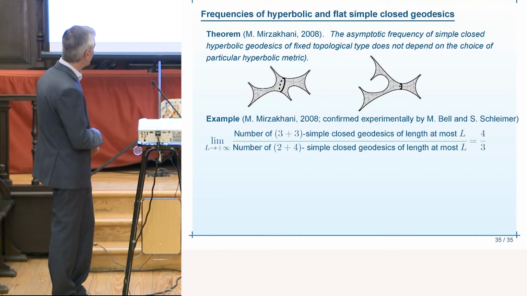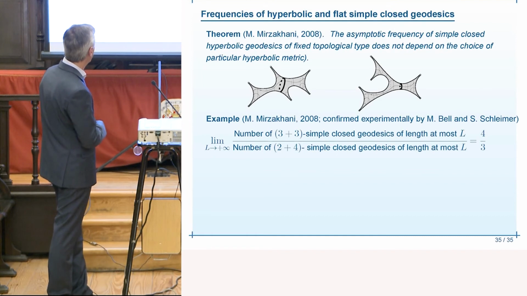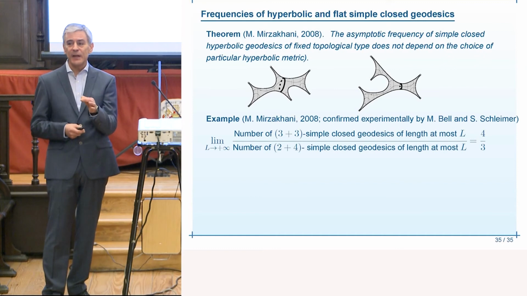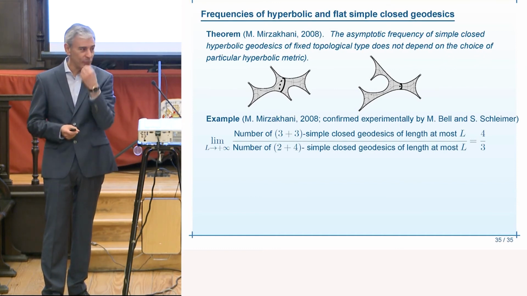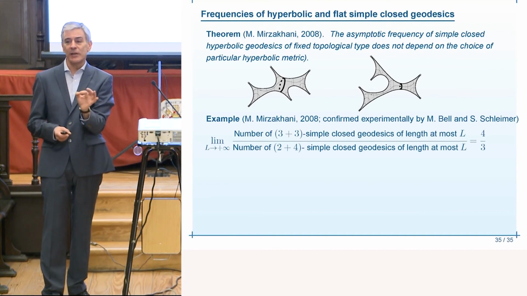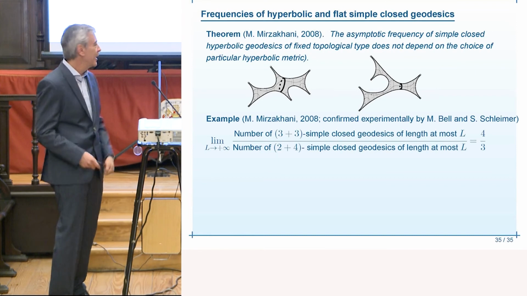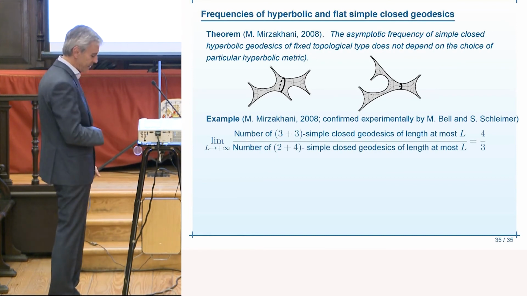A single simple closed geodesic can separate a sphere with 6 cusps into 3 plus 3 cusps, so 3 cusps on one side, 3 cusps on the other side, or 4 cusps on one side and 2 cusps on the other side. A hyperbolic geodesic cannot separate a single cusp, because otherwise it would contract to a cusp, and it cannot separate no cusps, because again it would contract. So those are the only 2 situations, and she proved the following thing.